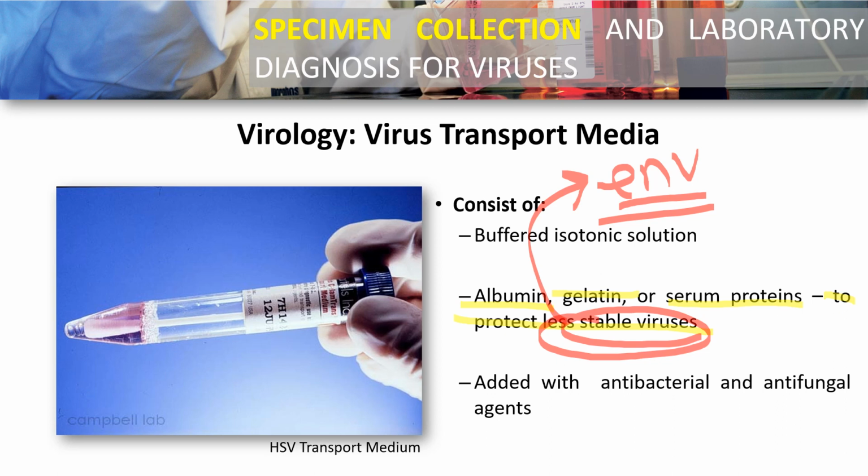Because, take note, class, going back to the previous lecture, your envelope is composed of lipids, and lipids are easily destroyed. Even a little alcohol destroys the envelope right away. So, sir, if the envelope is destroyed, is the virus non-viable? Yes, class. If it's an enveloped virus and its envelope is removed, it is no longer viable.